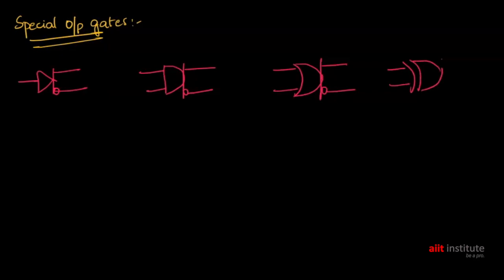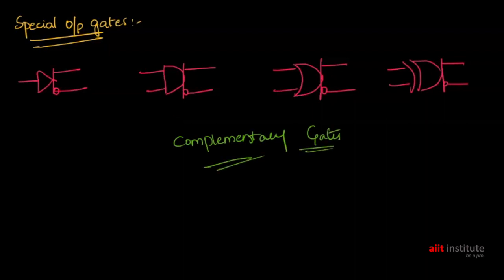So these gates are called complementary gates. This particular one can be used as buffer and inverter because it has both inverted and non-inverted sides. This is inverted, this is non-inverted. Correct? So that is how it can be used.